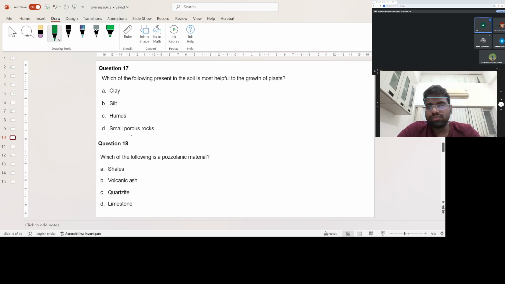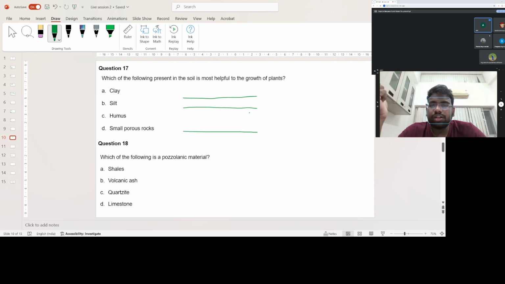So where is humus actually found? In forest areas, thick forest areas with high rainfall. Let me put it in a different manner. From the point of view of agriculture, the soil is classified as topsoil, and there are further classifications which I'm not sure about.